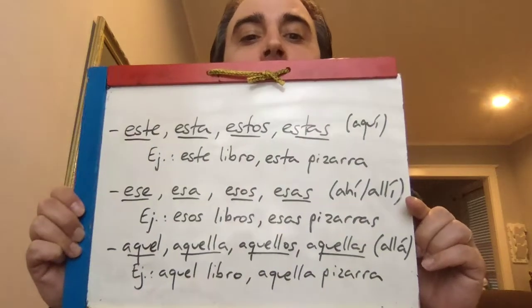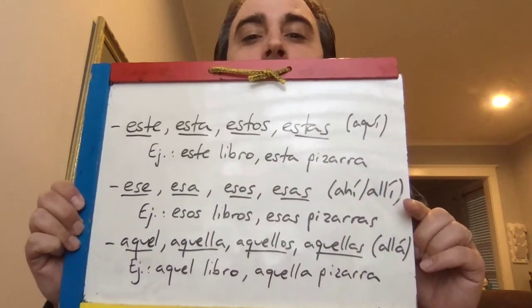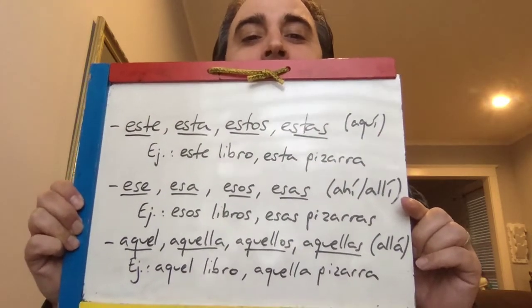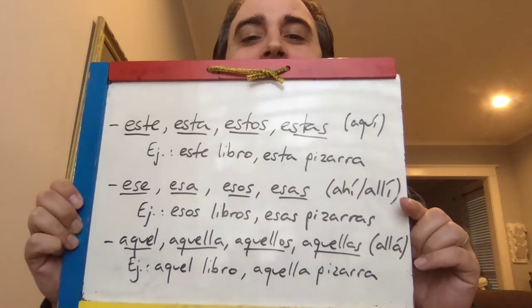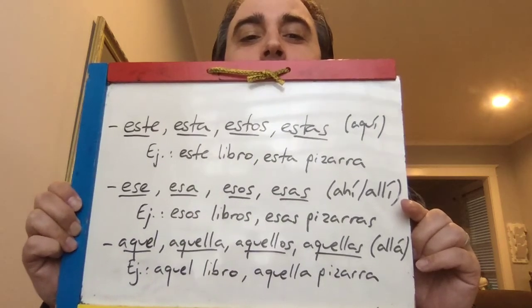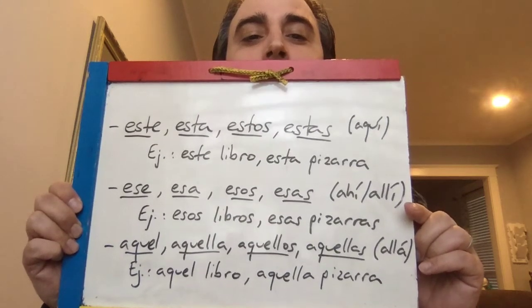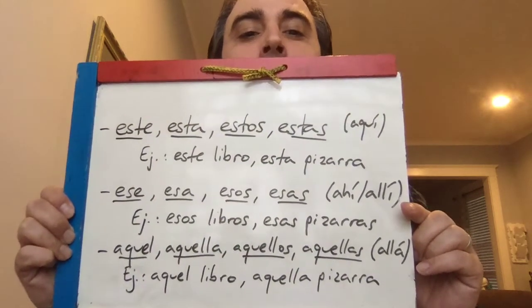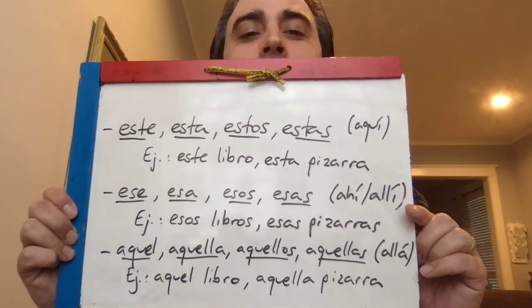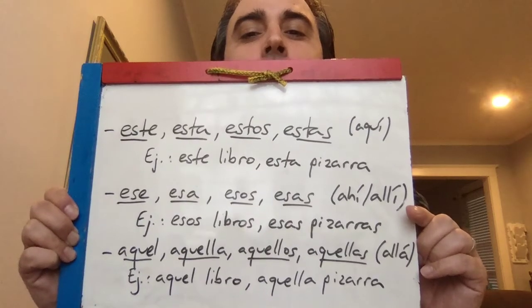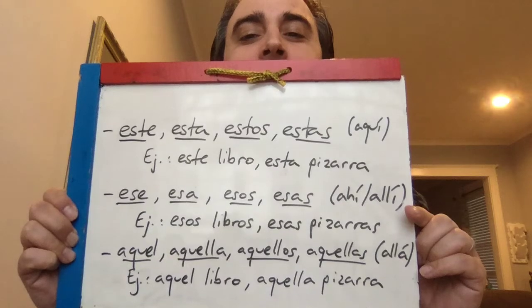And then finally, we have the third set of demonstratives. Aquel, aquella, aquellos, aquellas. Vamos a repetir. Aquel, aquella, aquellos, aquellas.